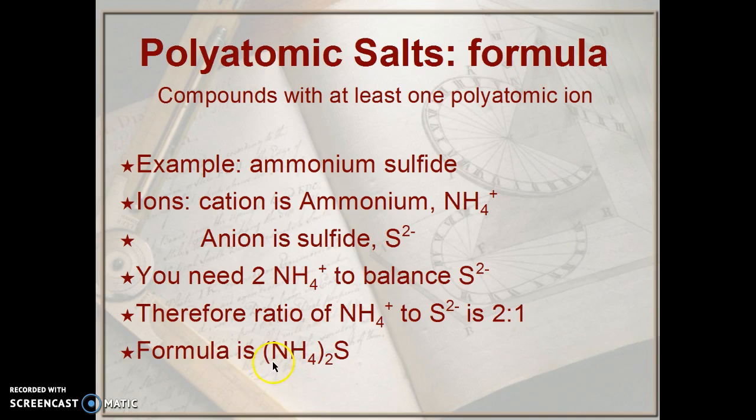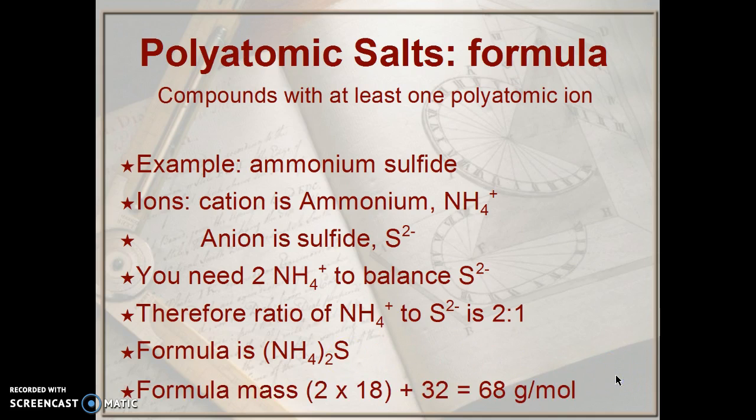So the formula is, in parentheses, NH4, then the subscript 2 outside it, and then 1 sulfur: (NH4)2S, ammonium sulfide. Formula mass: ammonium is 18, so we multiply it by 2, and we add 32 for the sulfur, 68 grams per mole.